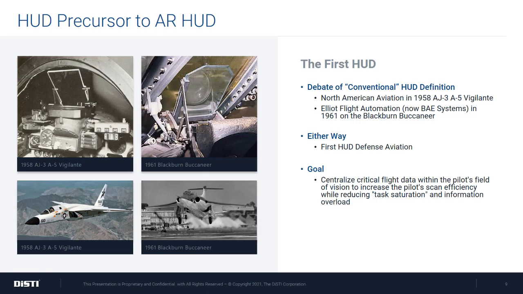It's either going to be the 1958 A5 Vigilante with North American Aviation as the name of the company, or it's going to be the 1961 Blackburn Buccaneer, which is previously Elliott Flight Automation, now BAE Systems. But either way you look at it, the first HUD was definitely in defense aviation.